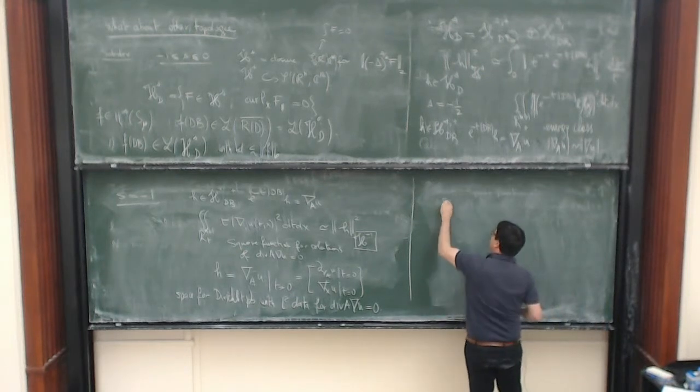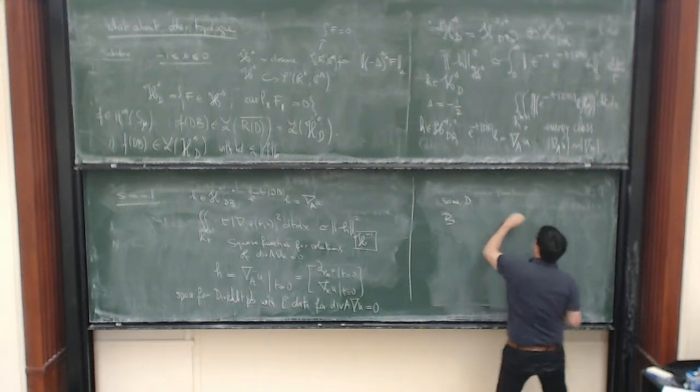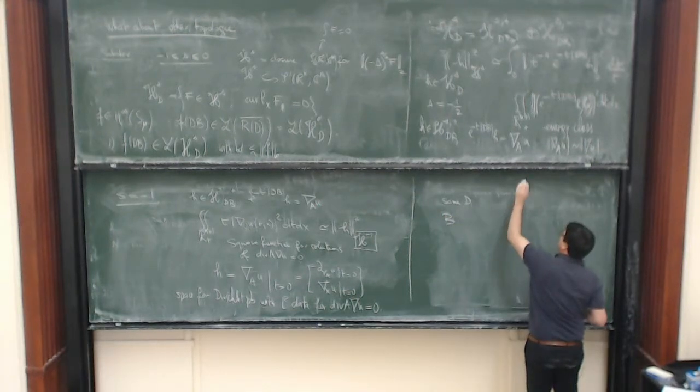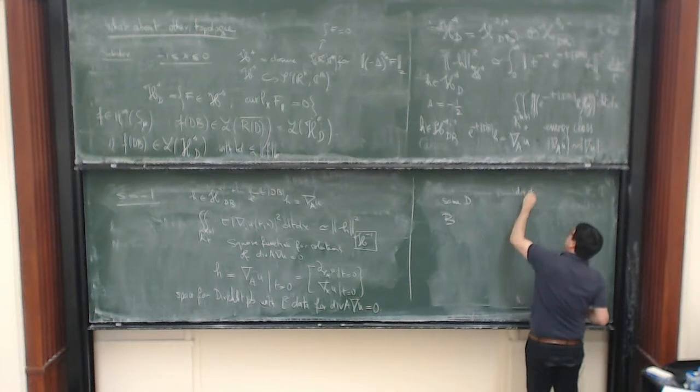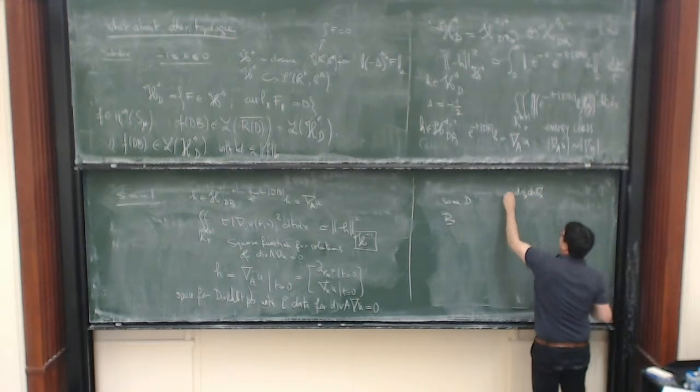But you take the same D, and you take B now to be, and let me write Kato for divergence D grad in X. I want to study Kato for this operator in R^n.